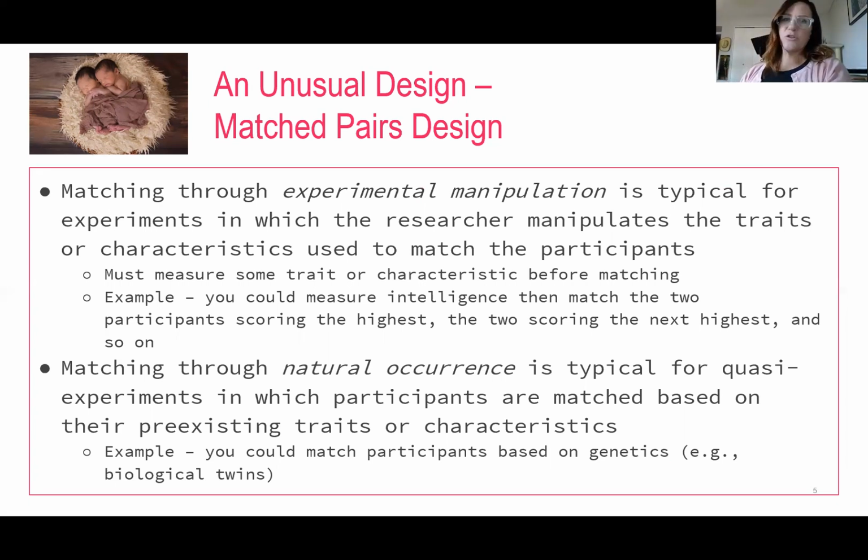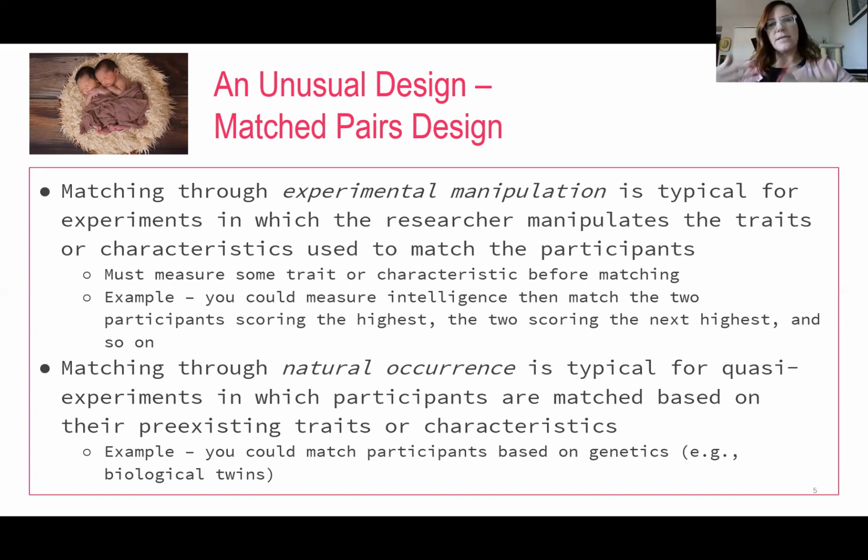So experimental manipulation would be where the researcher measures some traits or characteristics and then matches the participants in each of the conditions based upon those measurements.